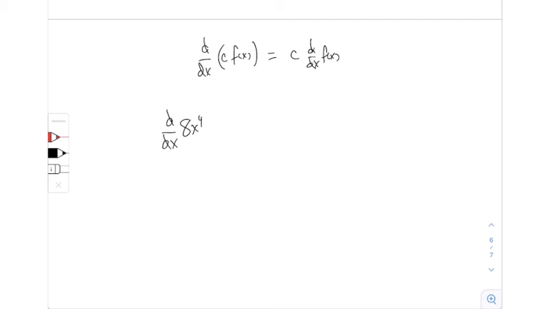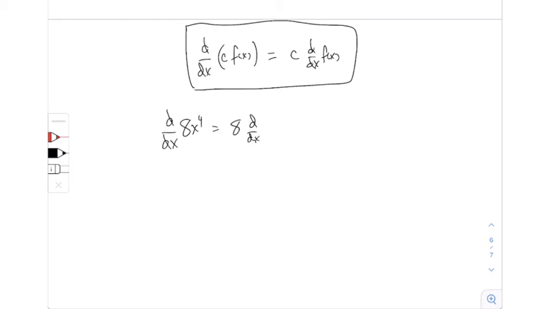It's just a question about what effect that 8 has. Using the rule that I wrote at the top there, I should put this in a box. It means I can pull the 8 through the derivative. And then I already know the derivative of x to the 4 is 4x cubed. So this is 8 times 4x cubed. I said it wrong earlier.